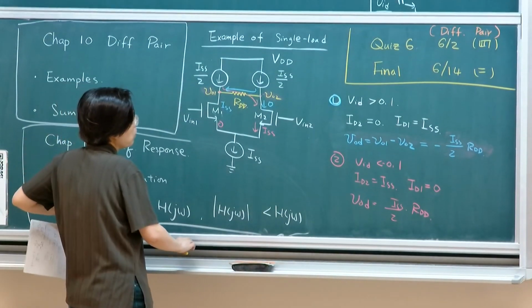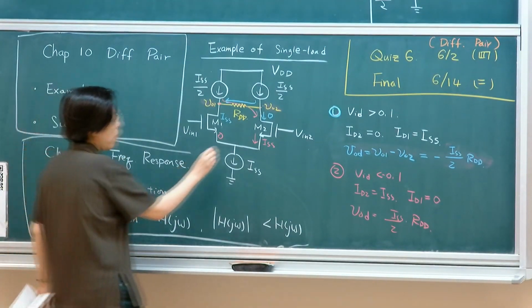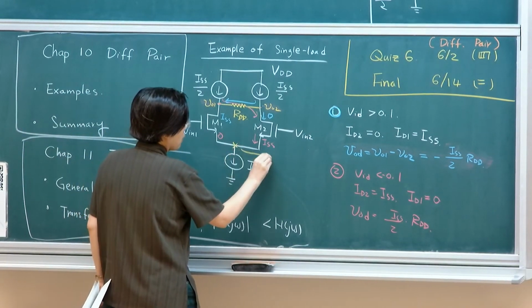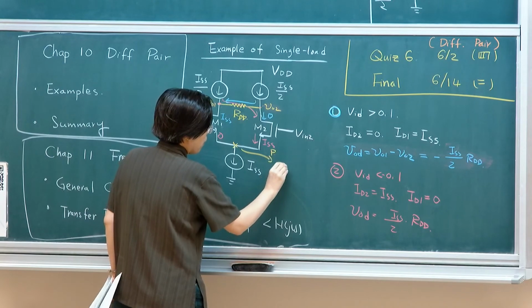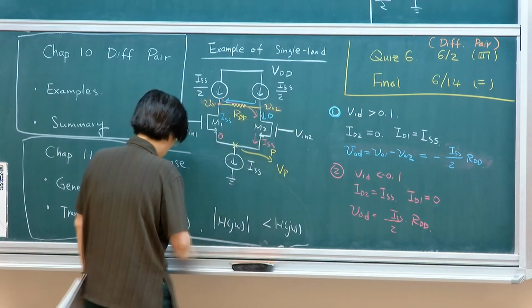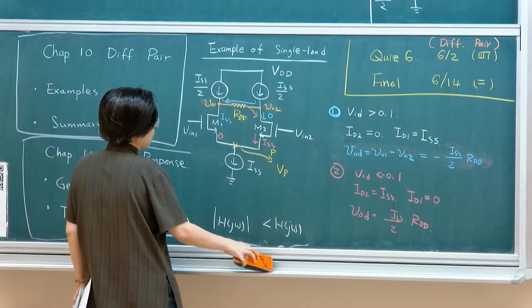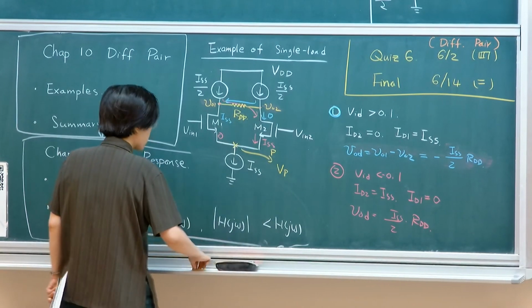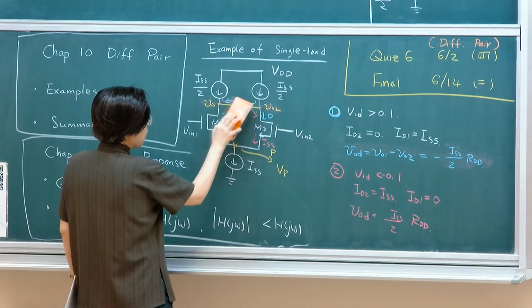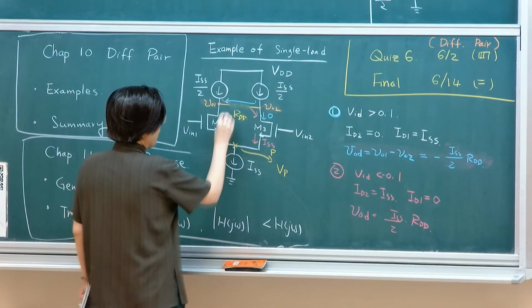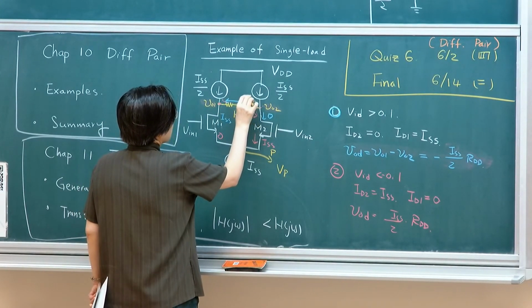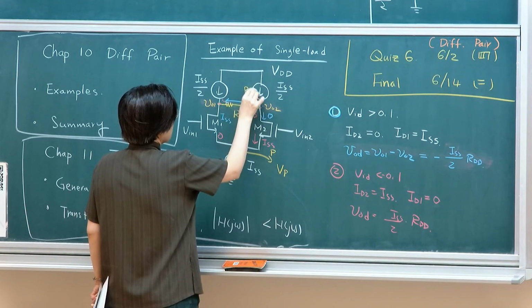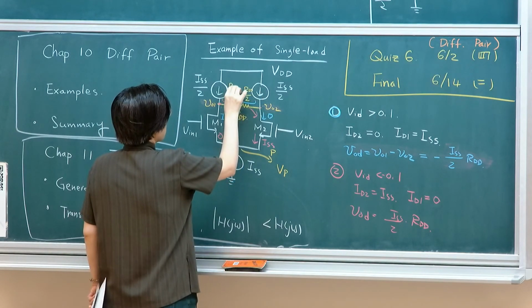So you would then have two virtual ground points. This is VP, and then the center of this, if I cut it in half, if I view this resistor in half, it can be constructed as two halves, right? So this 1/2 RDD, this 1/2 RDD.